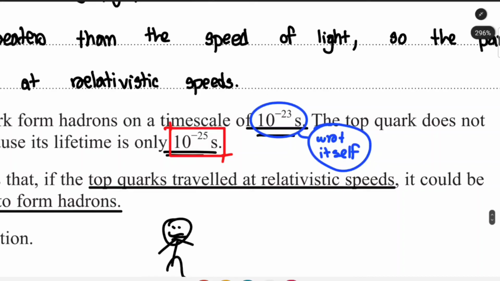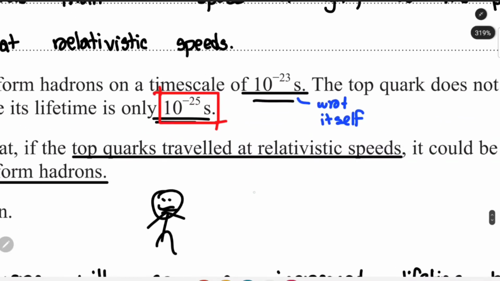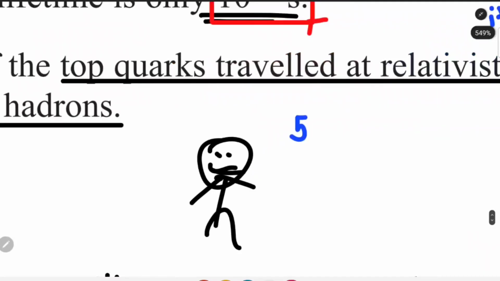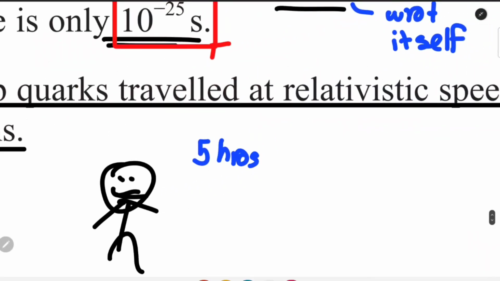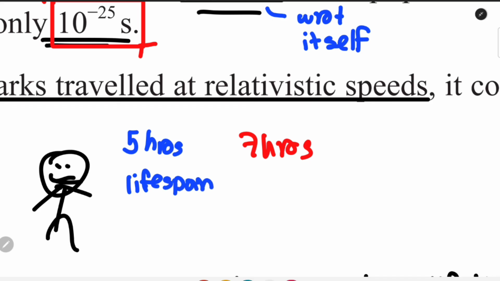If I am observing externally, maybe the lifetime has increased to 5 hours for the quark, but if that happens, it will take 7 hours to form hadrons. So 5 hours is the lifespan and 7 hours is the time needed to form a hadron.